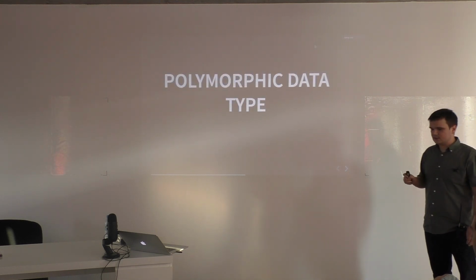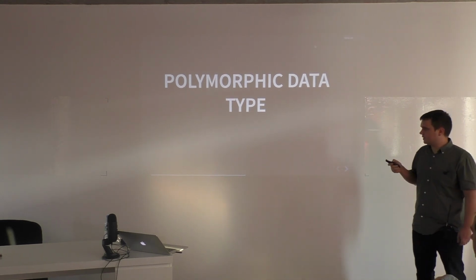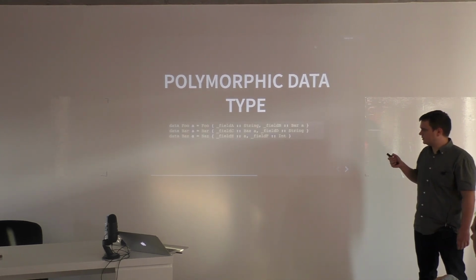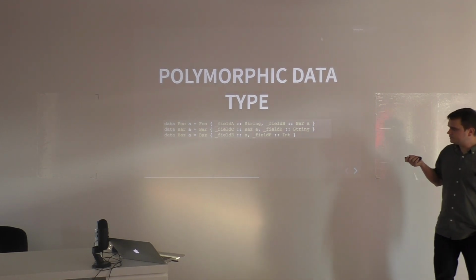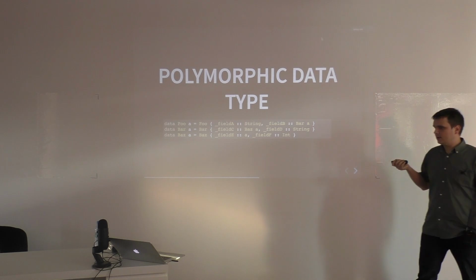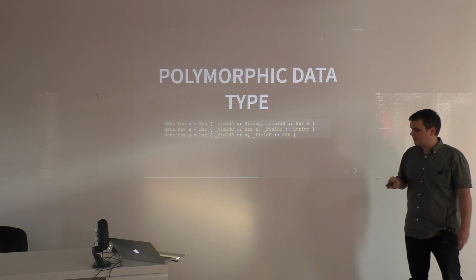But here comes another problem. What if we have polymorphism embedded in our data type? Let's modify our example so that the before-mentioned field E has a polymorphic type. Basically, it can hold in field E any kind of type.